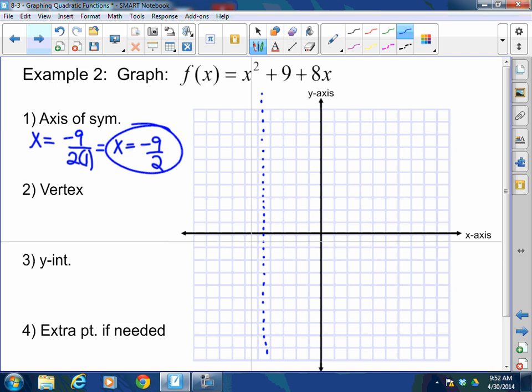My vertex, this is the challenge for a lot of people because it's involving fractions. So the vertex is going to be negative 9 halves, comma. Now I got to make a calculation here, guys.